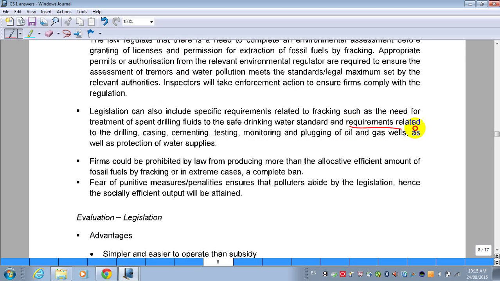There might be certain requirements related to the drilling, cementing and plugging of oil and gas wells, as well as protection of water supplies, things that are applicable. And there's no point just telling me that you can use legislation, but you need to tell me exactly what laws, okay? Be very specific about it. Answer the question. Don't just give me all the theory, okay?